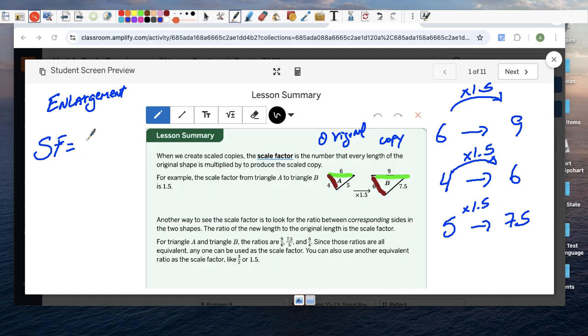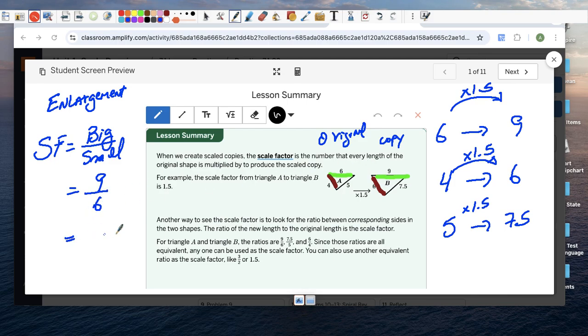All right, to find a scale factor, you're going to use two corresponding sides, and in this case, let's stick to 6 and 9, right? This 6 matches the side here, which measures 9. If you focus on these two numbers, 6 and 9, which one is the bigger number? The 9. Which one's the smaller number? The 6.